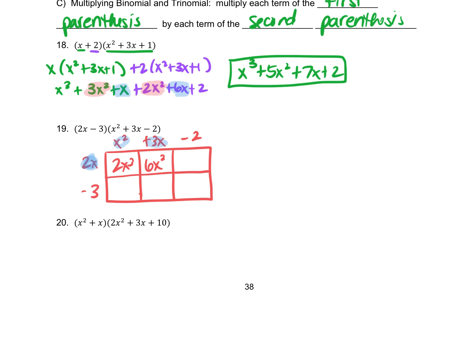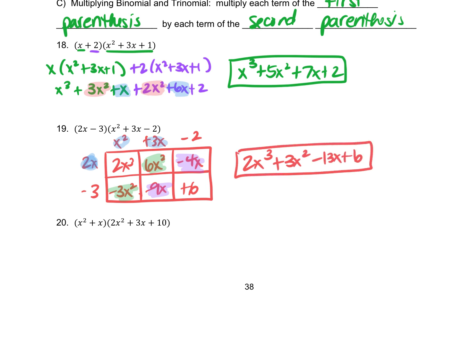And then negative 2 times 2x is minus 4x. And then do the same thing down below. So negative 3x squared minus 9x plus 6. And again, now you're going to find your like terms. So we have 6x squared, 3x squared, and then negative 4x and negative 9x. And so whenever I combine my like terms, it doesn't matter to me which way you use it. Both of those are the exact same thing. It's just visually different. So do it however it makes sense in your head.